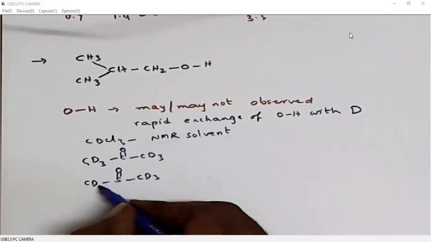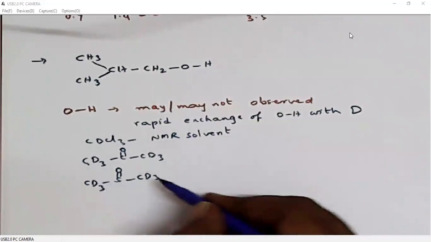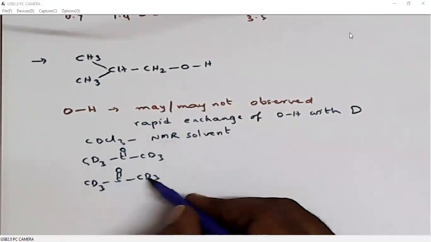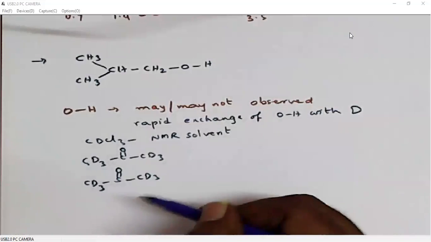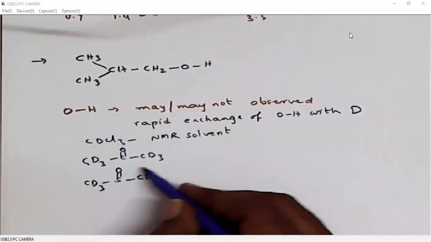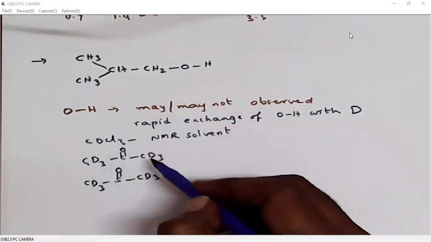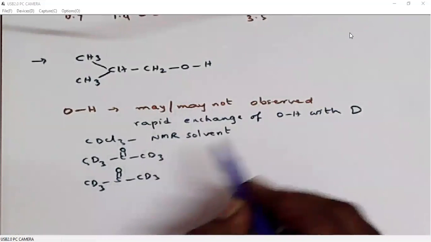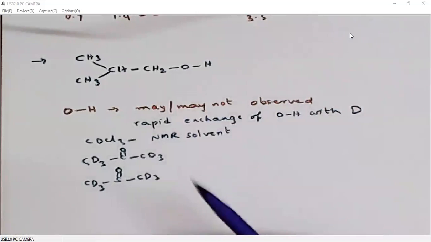So we use deuterated solvent so that the spectra of these solvents will not interfere with the required compounds, because these are not having any protons. They don't exhibit any spectra in this region. So we can easily identify the given compound, right?